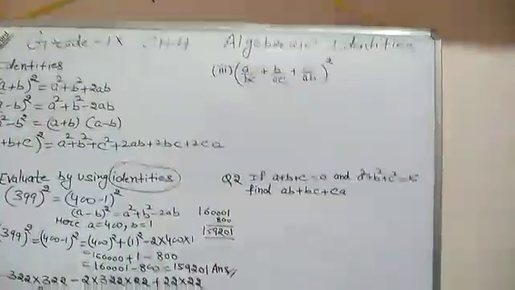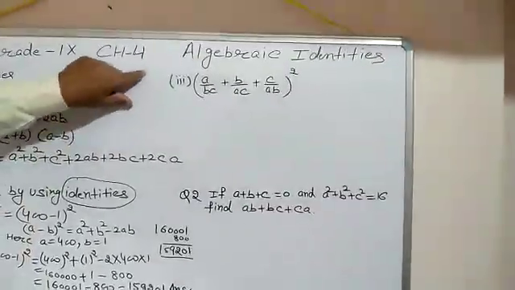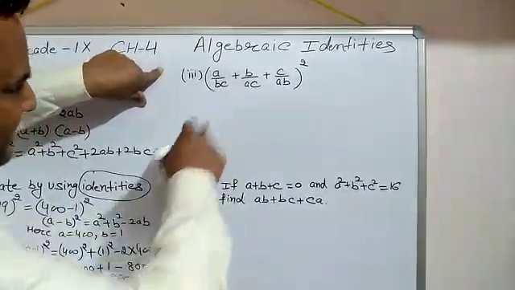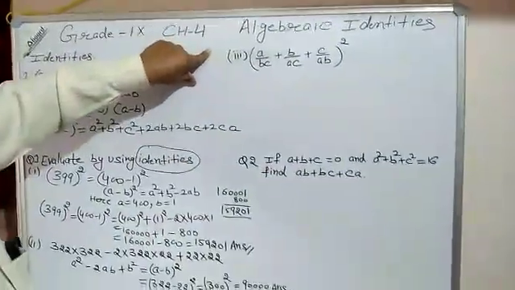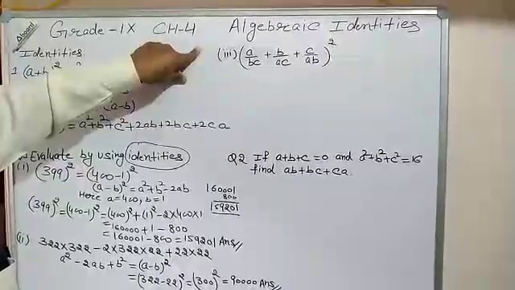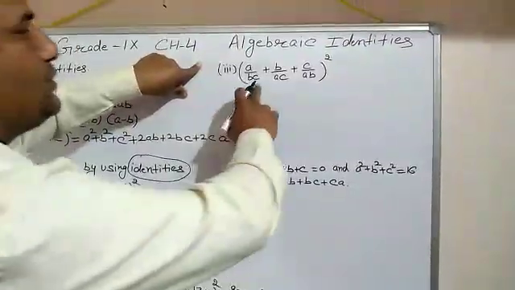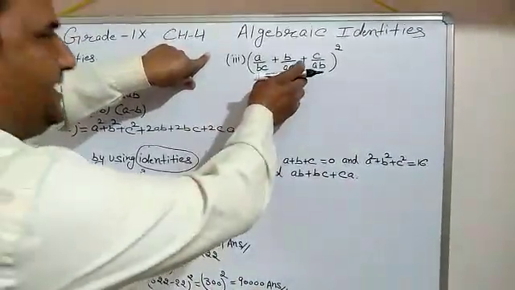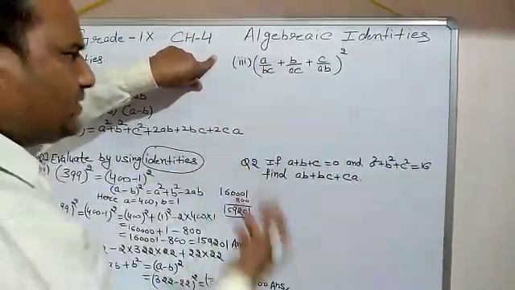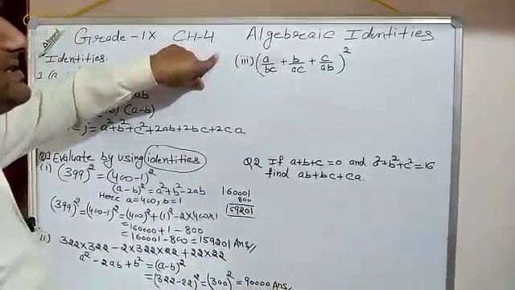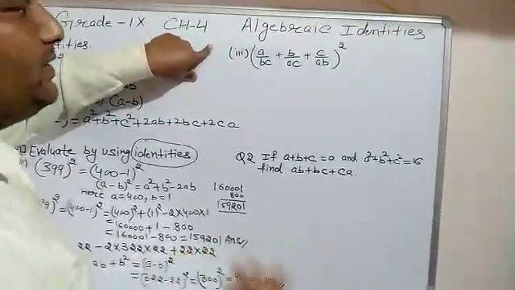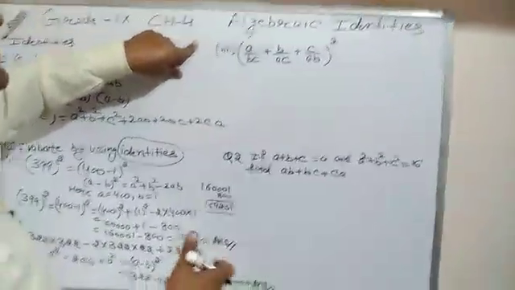Students, our third part, by using the identity, how do we evaluate this? See, we learned the formulas in the alphabets a and b, and the question is in the form of a, b, c. So whenever the question is in the same case, you can change your alphabets like (x plus y) whole square, (x minus y) whole square, then x square minus y square.